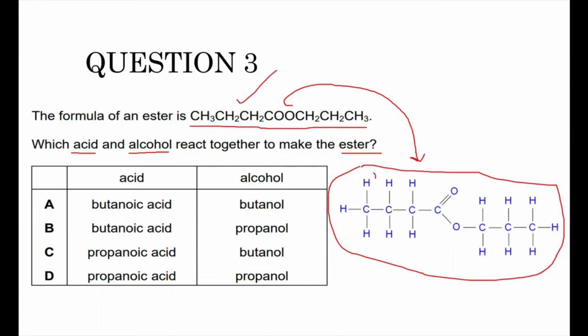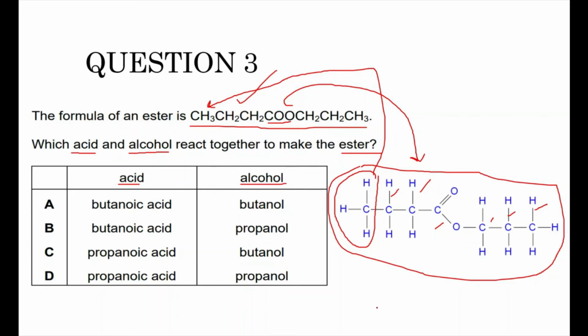Here we get that this is CH3, and then comes CH2, right? Then comes COO, and CH2, CH2, CH3, right? This is the structural formula. Now it says which one is the acid and which is the alcohol which is used to make this whole big ester.